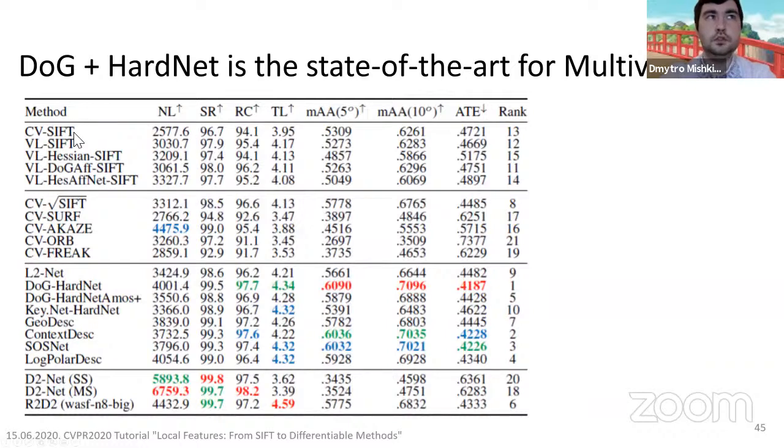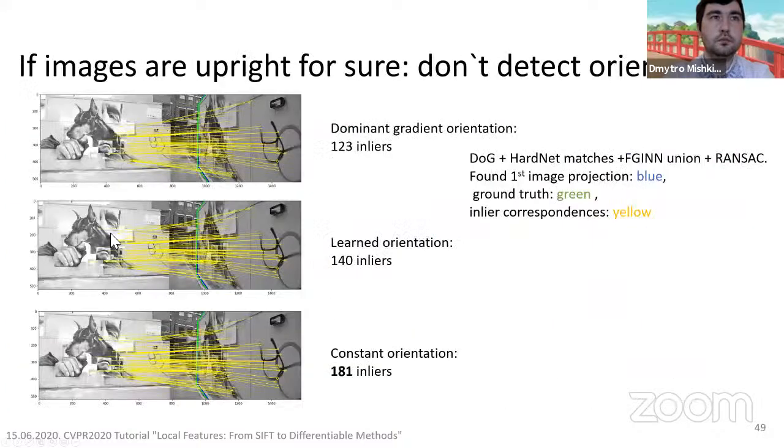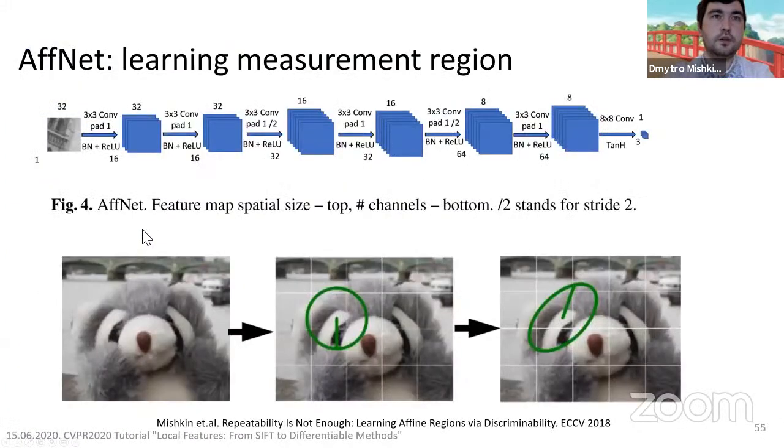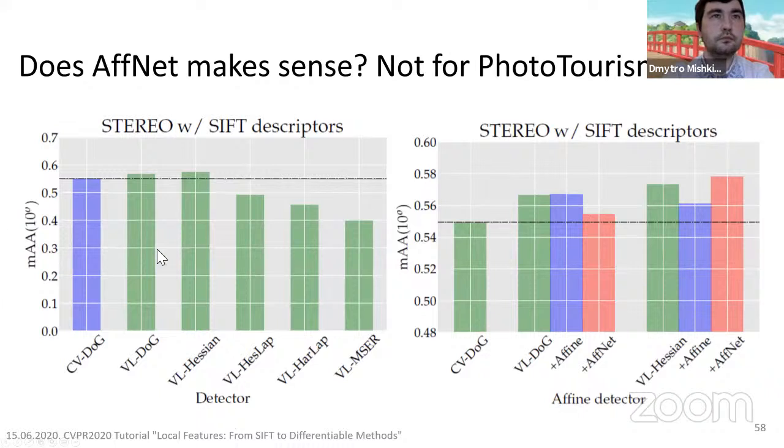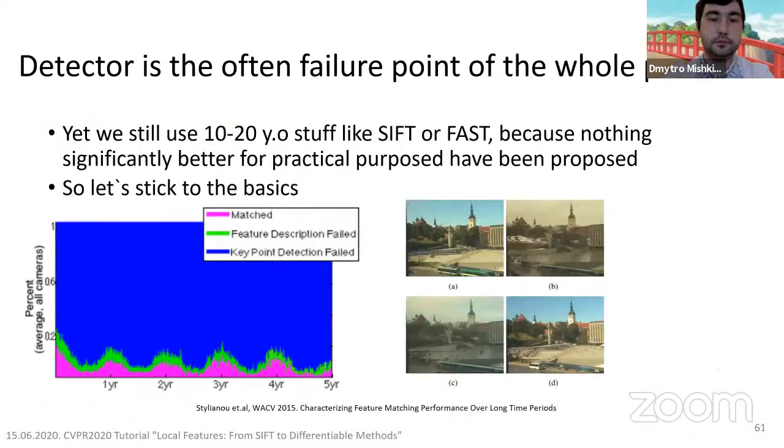First, the DoG, like SIFT, is better than the binary things or the learned things like D2Net, R2D2, SuperPoint, and also it is better, or at least on par, with the other classical local features like MSER, Hessian, Harris, and so on. So the SIFT detector is the way to go. Very good and very safe.